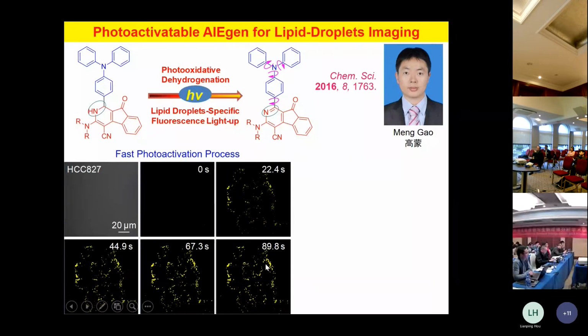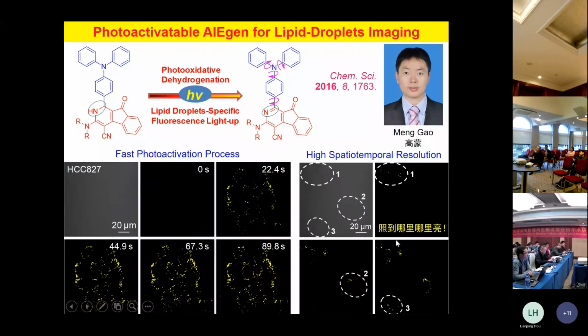The longer the irradiation time, the stronger the light emission. This will enable you to do so-called localized high-resolution imaging. When you irradiate spot 1, you see the emission here, and if you irradiate spot 2, you get the emission here, and then this for spot 3.